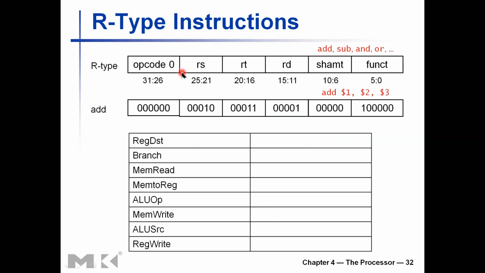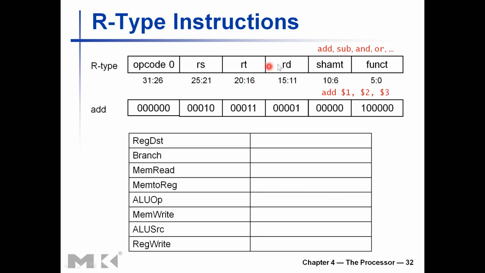Right. So here what you're seeing is the format of the R type instruction. The more significant 6 bits are the opcode. The least significant 6 bits are the function field, which are used by the control unit. And you have 3 register operands: the destination register in bits 11 to 15, and 2 source registers or reading register addresses presented in bits 16 to 20 and 21 to 25.